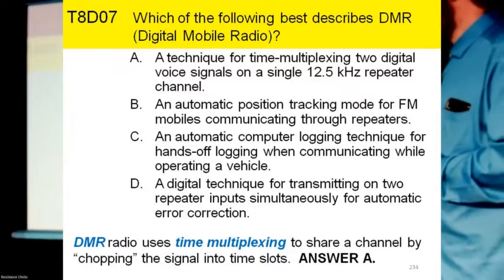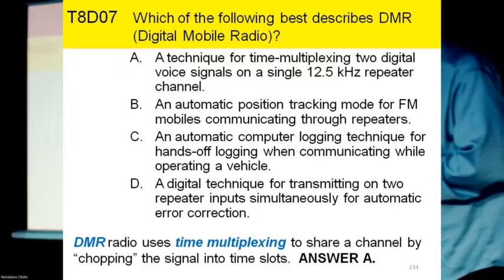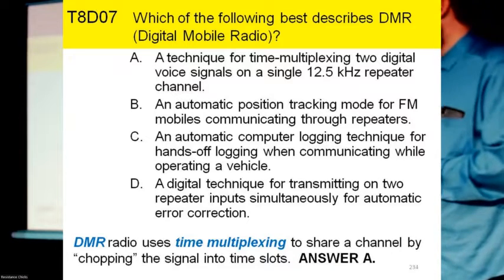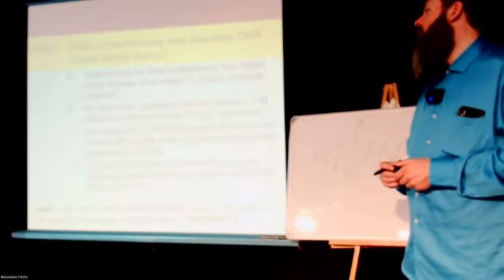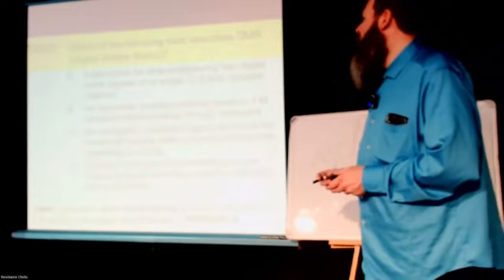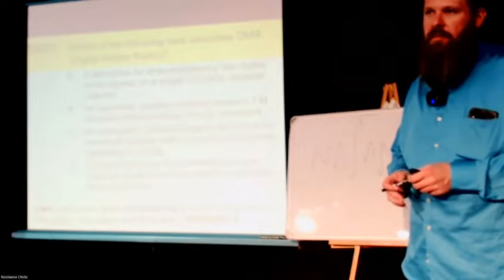Which of the following best describes DMR, digital mobile radio? It's a technique for time multiplexing two digital voice signals on a single 12.5 kilohertz repeater channel.